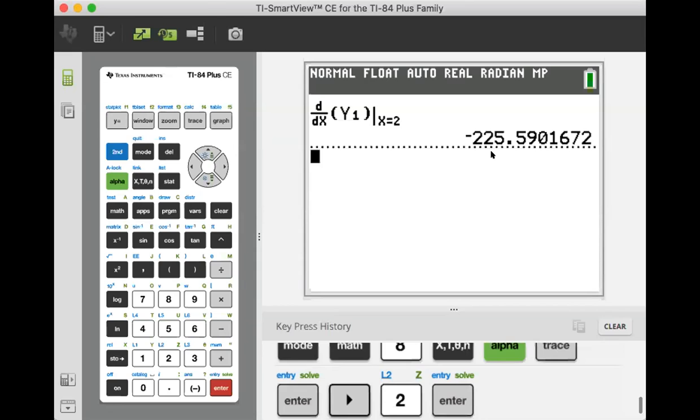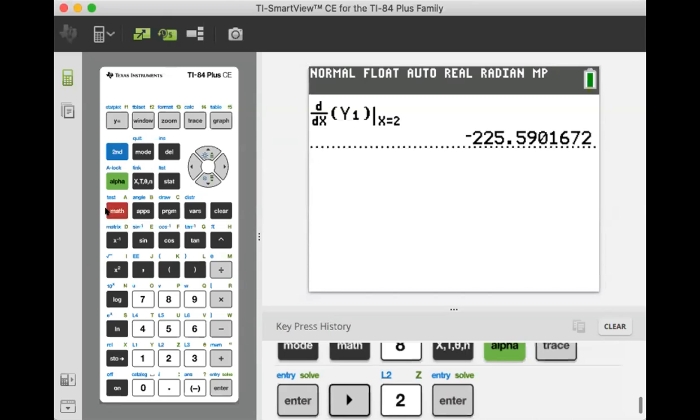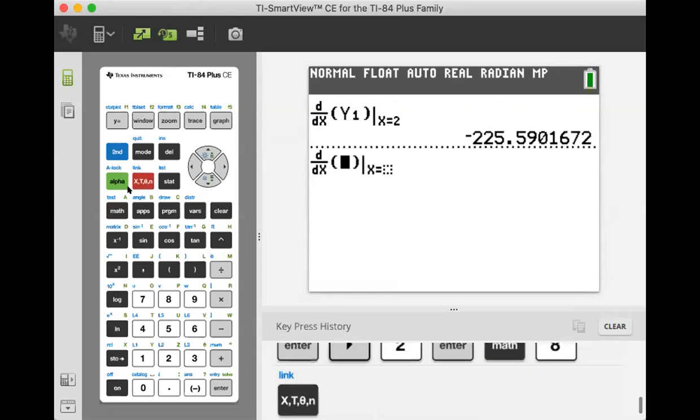On yours, okay, go to variables, y variables, function, y1, I believe. It should be hit variables and then scroll over. Okay, got it? How did you get the y1? Okay, let me go back and do that. So I'm going to go to math 8. And there's a couple of different ways to get there.